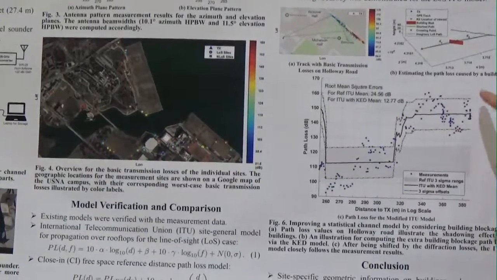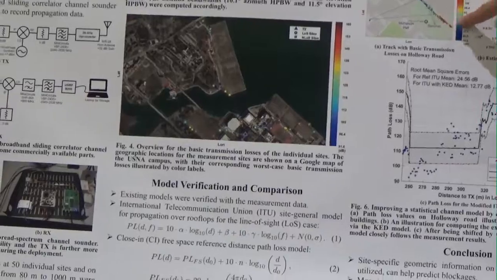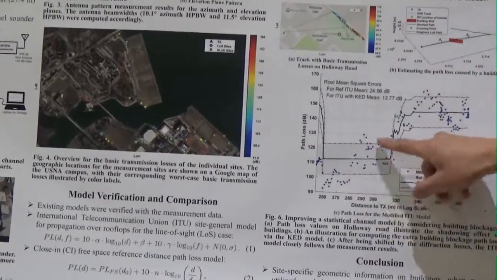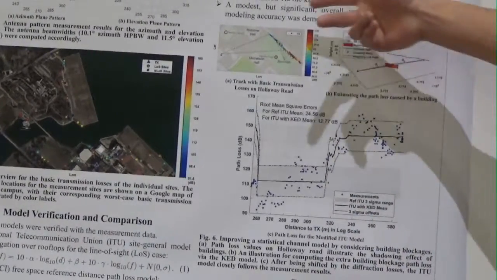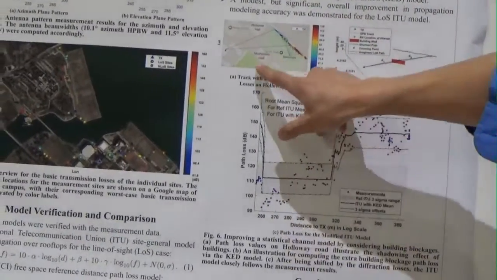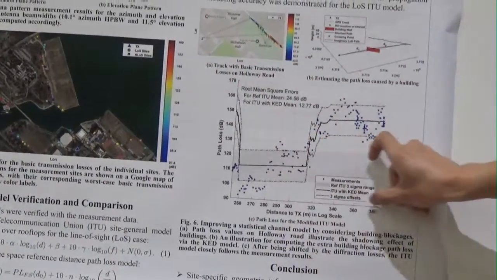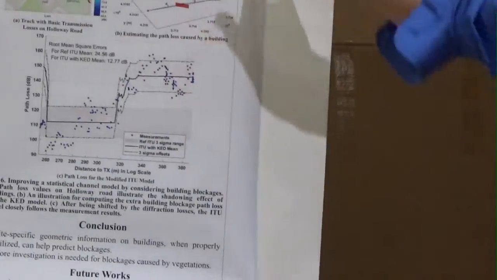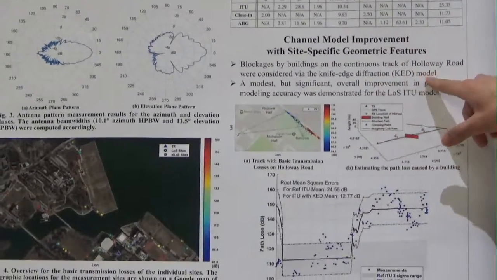But our data is collected on a continuous track here, and as we can see, the dotted results are what we received for the path loss. But because of the buildings, there are blockages, so the ITU model won't be able to follow that trend really well. So we used another model called the knife edge diffraction model.